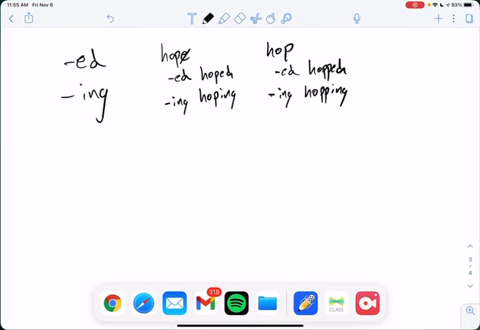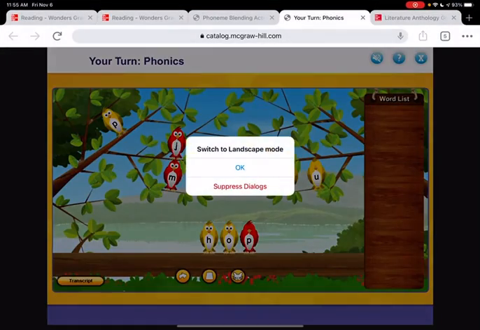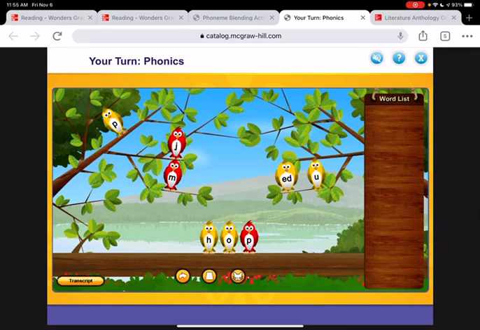All right. Now, we're trying to figure out how to add ED to hop. So we need this P. I'll go ahead and turn the sounds on. And then we need the ED. And then we get hopped.